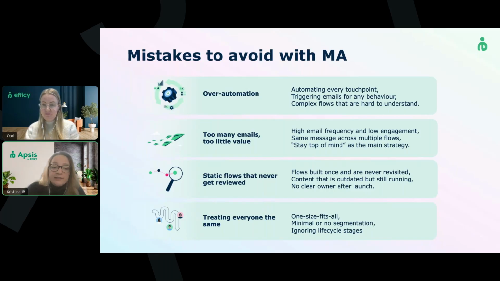Then the static flows that never get reviewed. When you're creating marketing automation flows, really create them and go back to them. Look into optimization, look into how the flows are actually working.